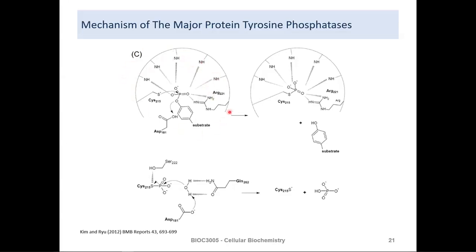There is also a side chain arginine 221 that's involved. The side chain of the active cysteine 215 is located beneath the PTP loop and has close proximity to the main chain amides.